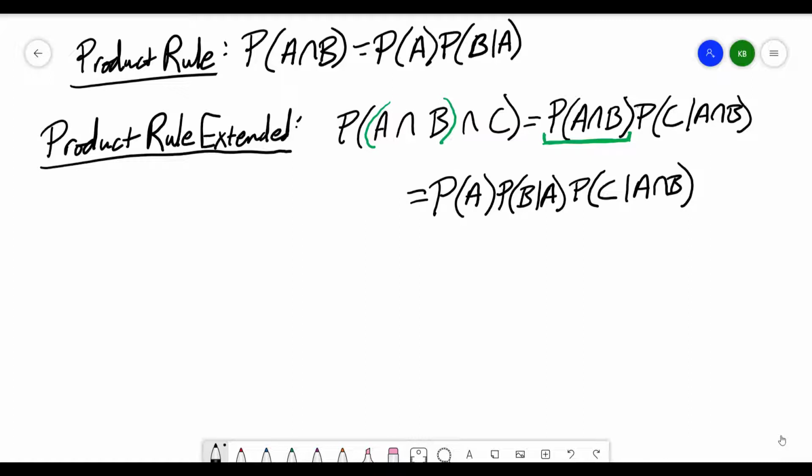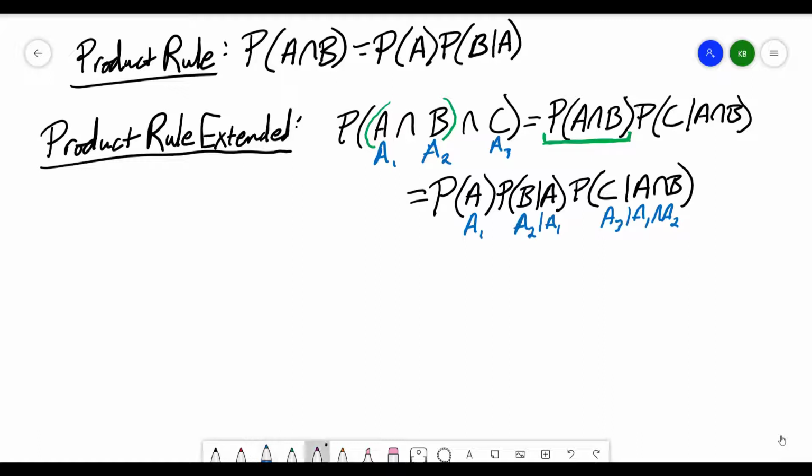So we can actually do this for however many. It doesn't just have to be 3. So I can generalize this, and instead of using A, B, and C, I could have been using subscripts to make it A1, A2, and A3, which will allow us to see the probability of A1 times the probability of A2 given A1, and the probability of A3 given A1 intersect A2, and so on.